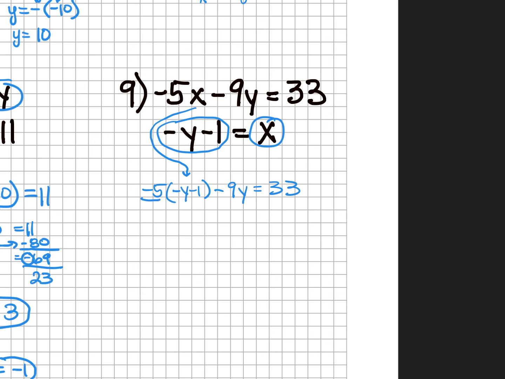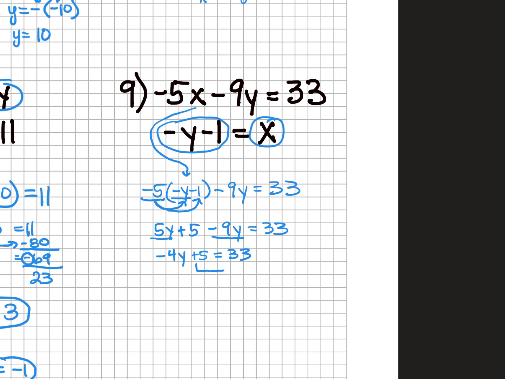All right, negative 5 times negative y is plus 5y. Negative 5 times negative 1 is plus 5. So I'm done with my parentheses. Minus 9y equals 33. Let's see, 5y minus 9y, they're on the same side. 5 for the positive, 9 for the negative means the negative wins by 4 people. So negative 4y plus 5 equals 33.